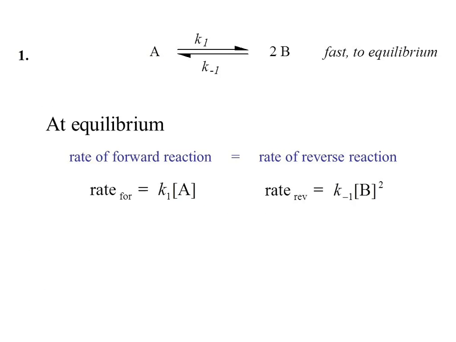Luckily, the elementary step above that was this one, this fast-to-equilibrium step. From that elementary step, the rate in the forward direction is equal to the molar concentration of A raised to the first power times K1. In the reverse direction, it's the molar concentration of B raised to the second power times K minus 1.